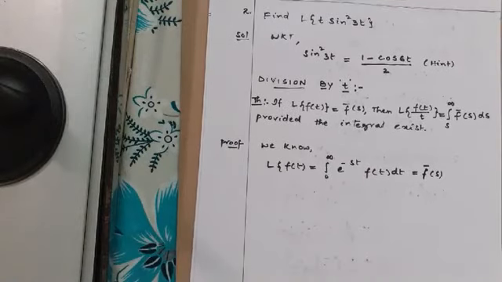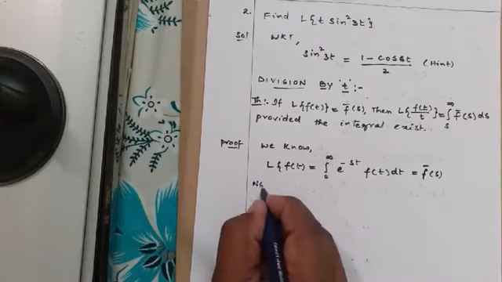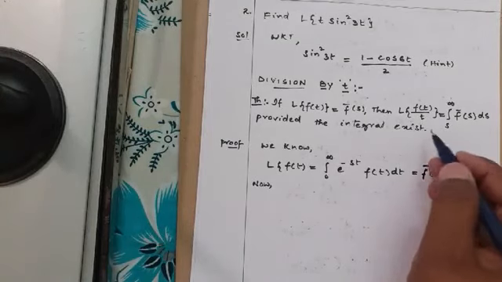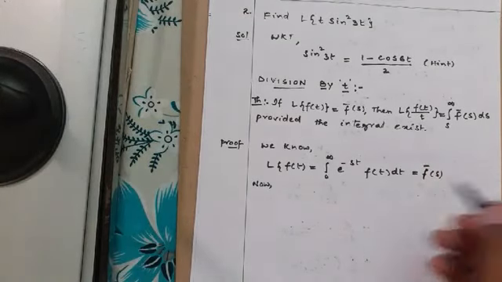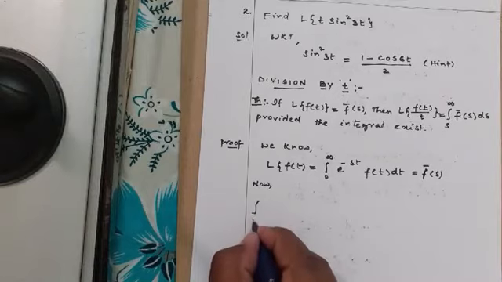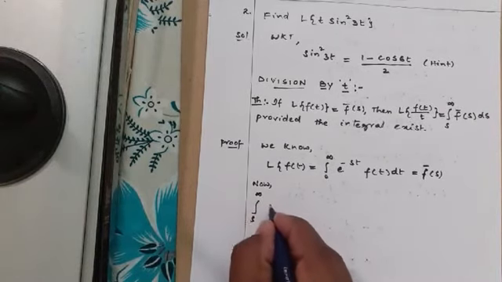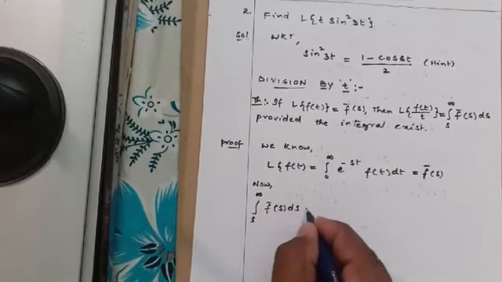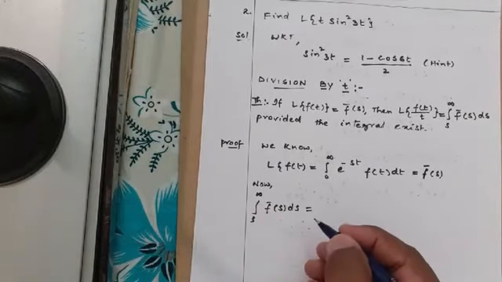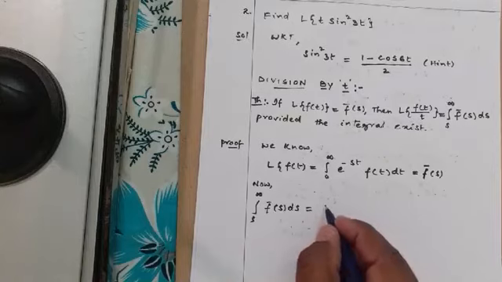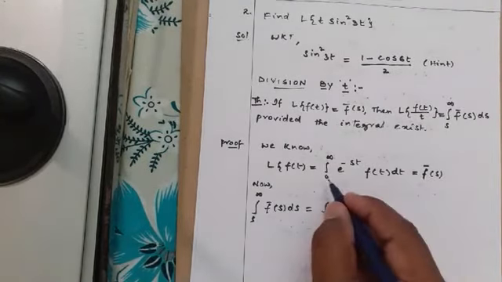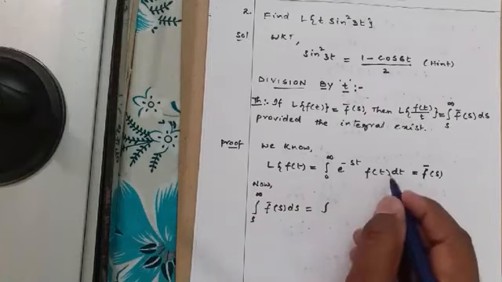Now we have to show Laplace of f of t by t. So I write here integral of s to infinity f bar s ds is equal to integral, because as you know f bar s is nothing but integral 0 to infinity e power minus st f of t dt.